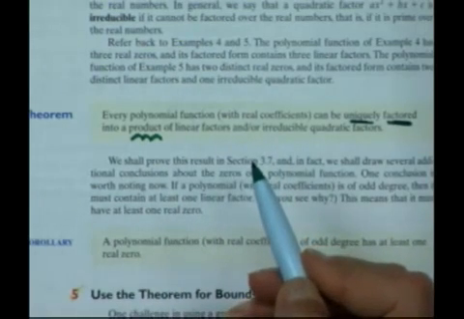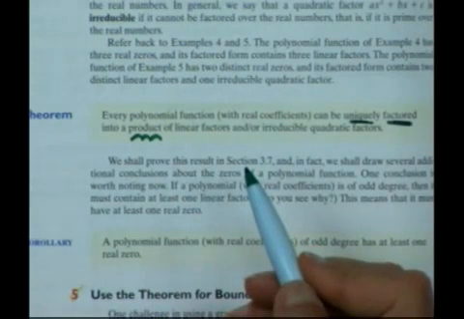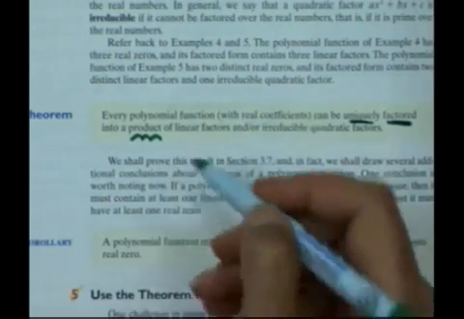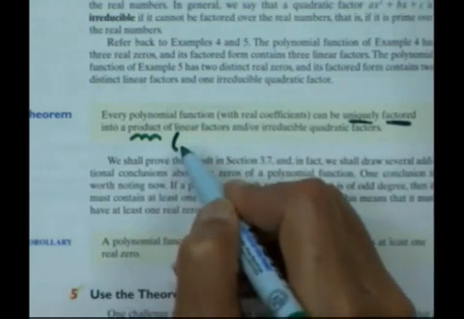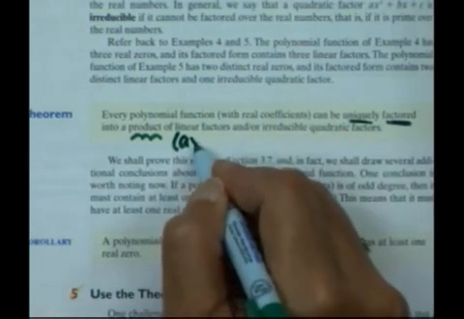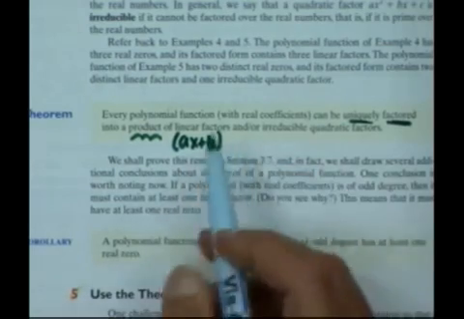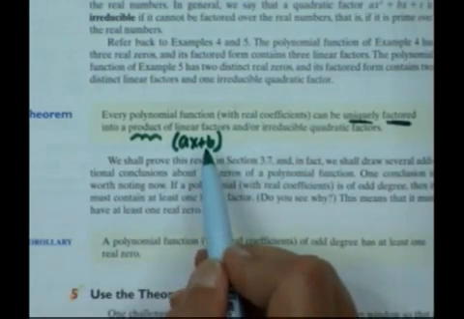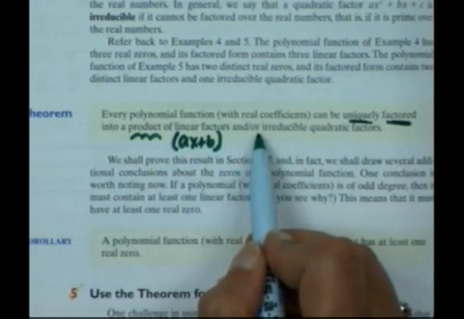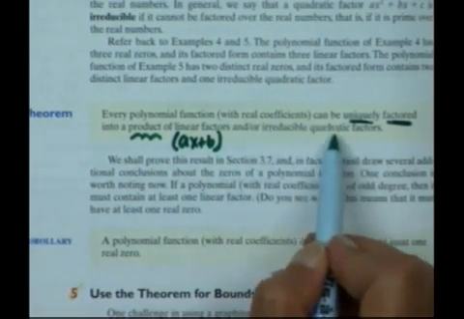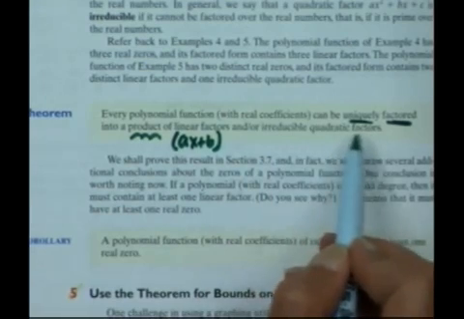In general, what does a linear factor look like? Ax plus b, x to the first. And or irreducible quadratic factors.